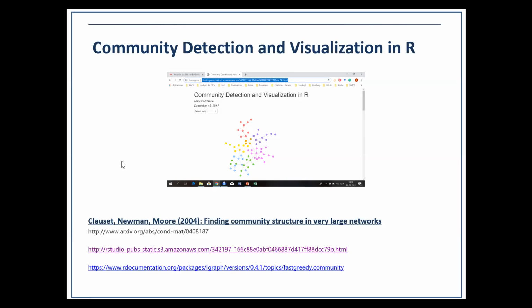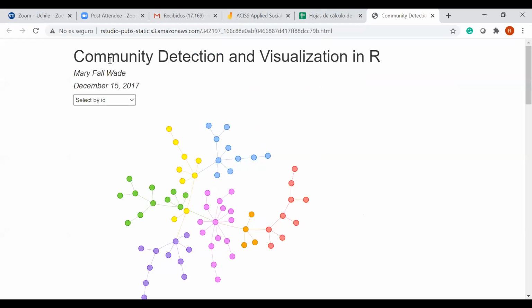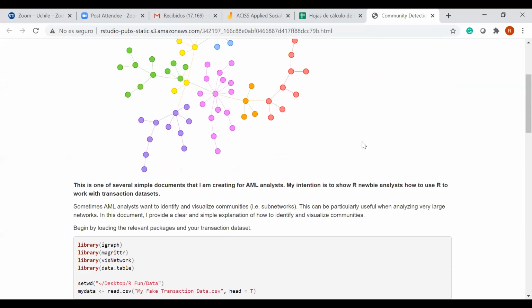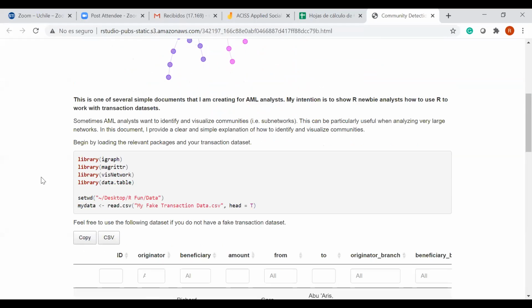Let me see if I can share that screen. Here it is. Okay. You can see now my screen, which says community detection and visualization in R. Yes. Okay. So there is a web page where we first see this figure, but then you can find R code.